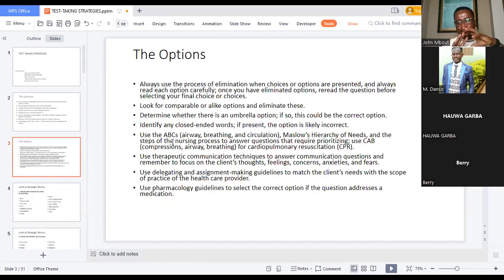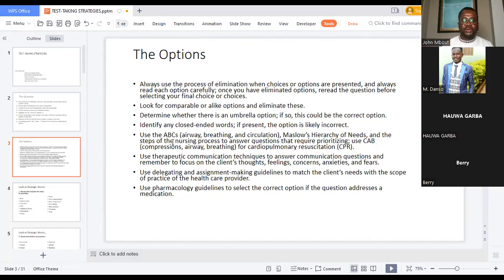Let's look at the options. Now, you have gone through the question, and now you are reading the options. So we say, most important, always use the process of elimination. We are going to see questions where we apply the process of elimination. I like elimination. I think some of you like elimination. There are various ways to eliminate options: options that are opposite, options that are comparable or alike.